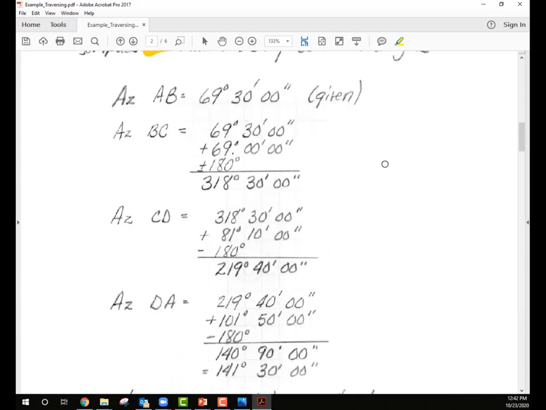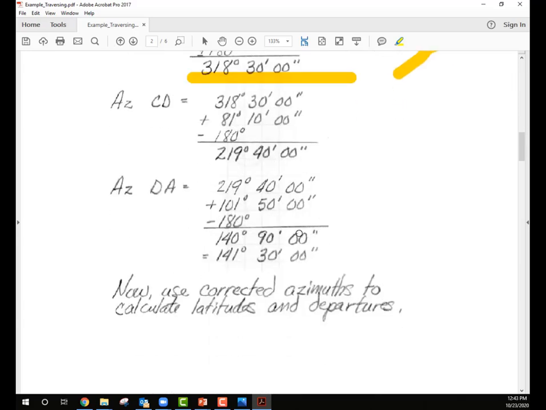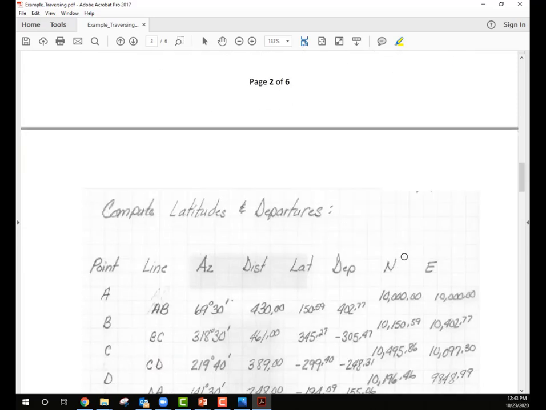That was the initial shot, and then the azimuth to the next point along that shape, which is from B to C, takes the interior angle that was read, adds it to the azimuth of the prior line, and we get the azimuth of the line from B to C. So compute each of those courses, right?